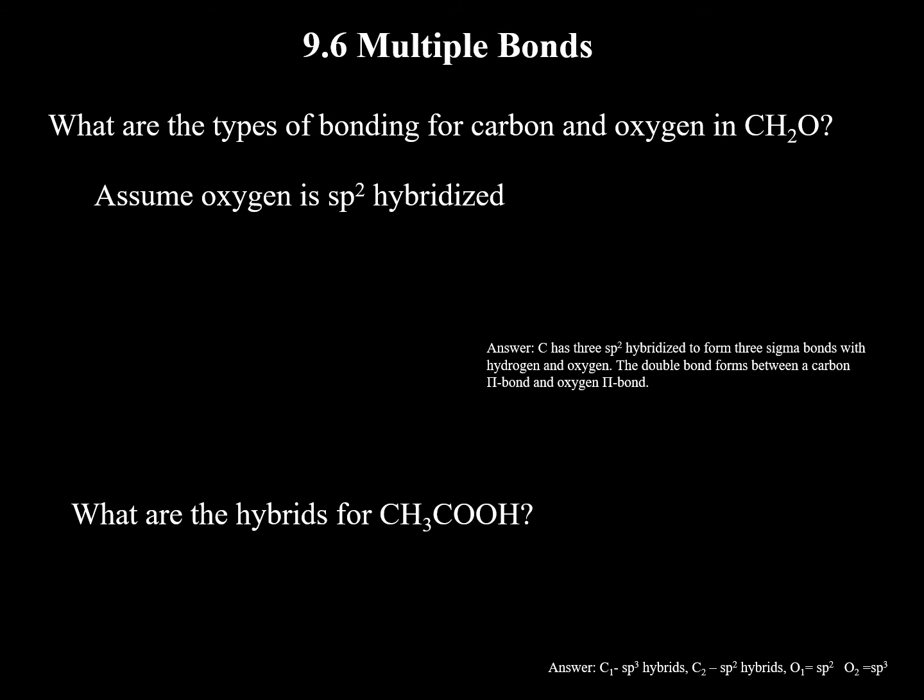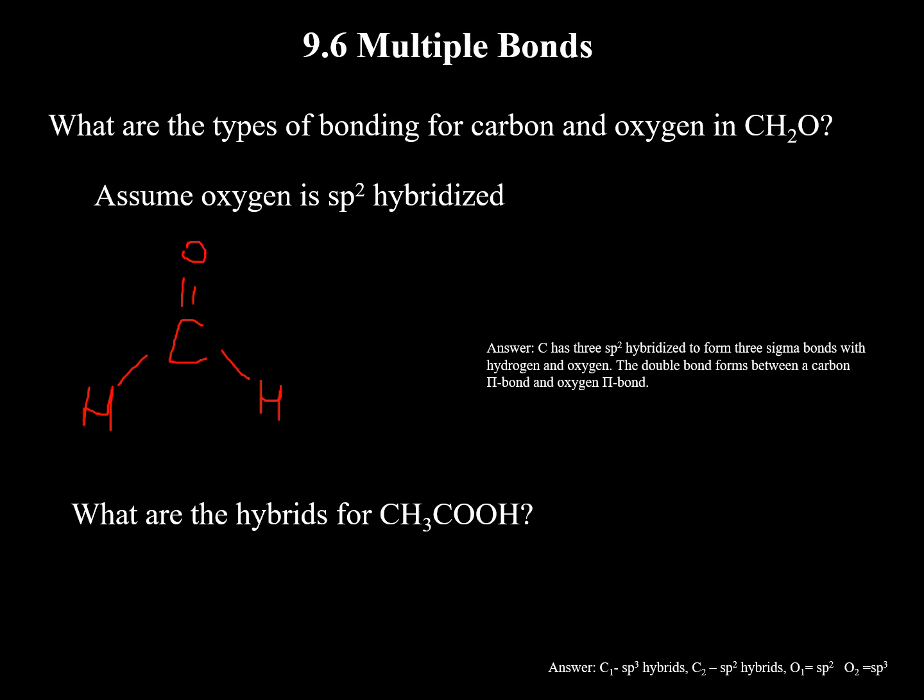So let's try CH2O. You can pause if you want to try on your own. We're going to focus on the carbon and the oxygen. Let's draw this. This is the Lewis structure. If we look at the carbon in the middle, it has a trigonal planar electron geometry, 3 electron domain groups.